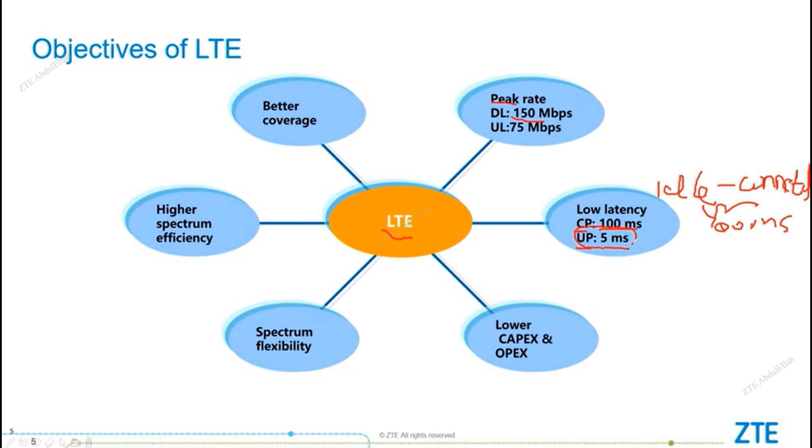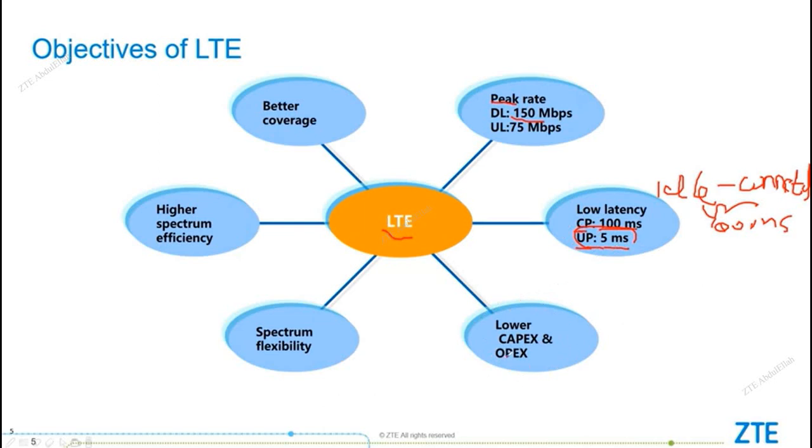In this way, your latency can be 5 milliseconds. And we know if the users increase or if your service changes, this latency will increase. So you can see this is the smallest latency.